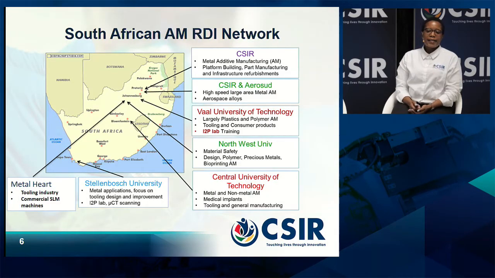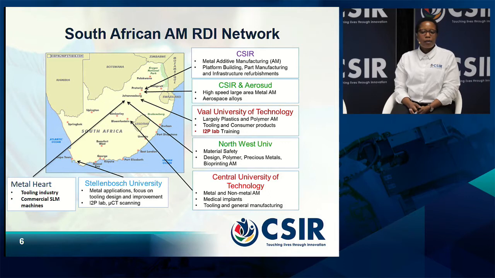So South Africa has been active in additive manufacturing for quite a while now, and this has been mostly funded through the Department of Science and Technology, now the Department of Science and Innovation. And looking at the general landscape, you have the CSIR, which focuses on metal additive manufacturing. We also do platform building and part manufacturing, and we do infrastructure refurbishment.